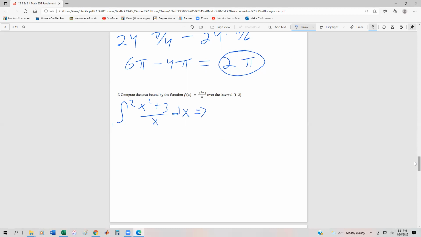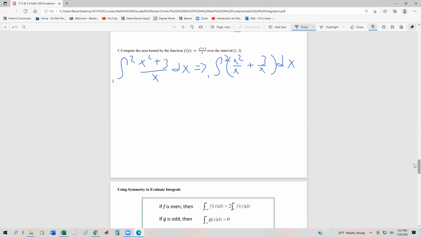So this is now the integral from 1 to 2 of x squared over x plus 3 over x dx. Or if we wanted to simplify a little bit more, the integral from 1 to 2 of x plus 3 over x dx.